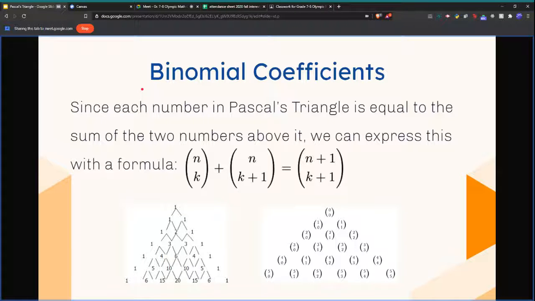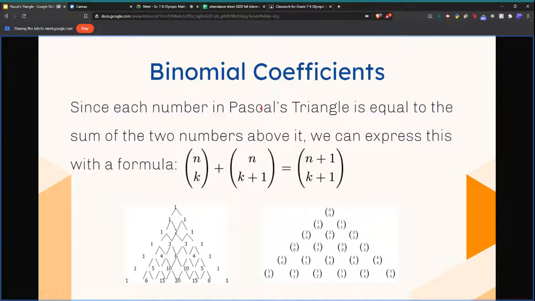So we can express this using a formula. Here's the formula. We have n choose k. Remember that n is the row number and k is the column number. n choose k plus n choose k plus 1. So we increase the column number by 1. That's how we got that.